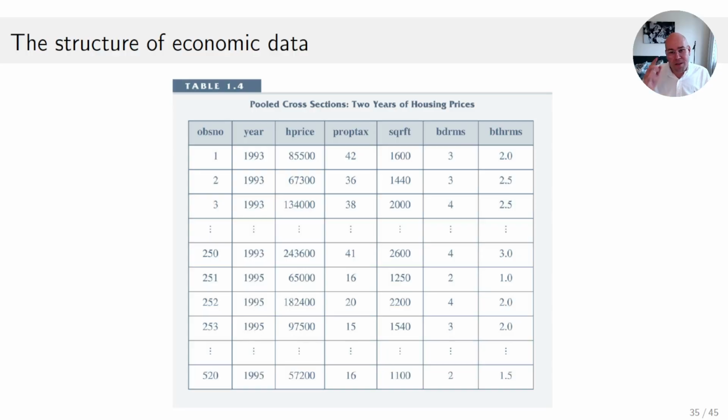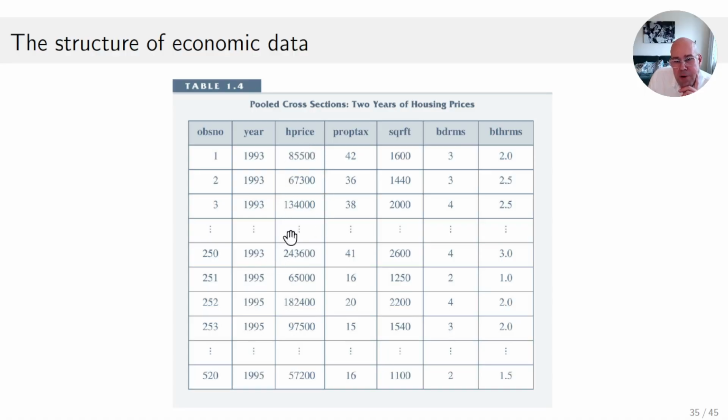This is how it looks. So here you would have the first 250 observations for the year 1993, and these are housing prices.